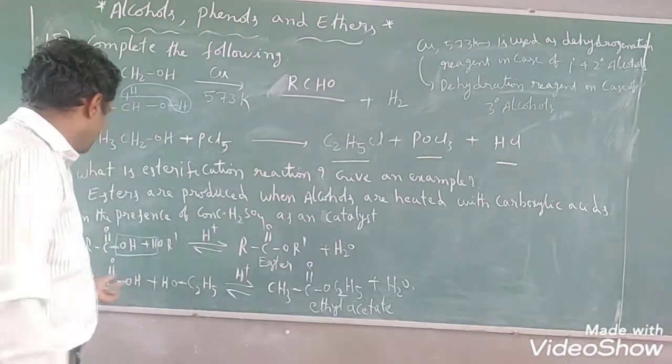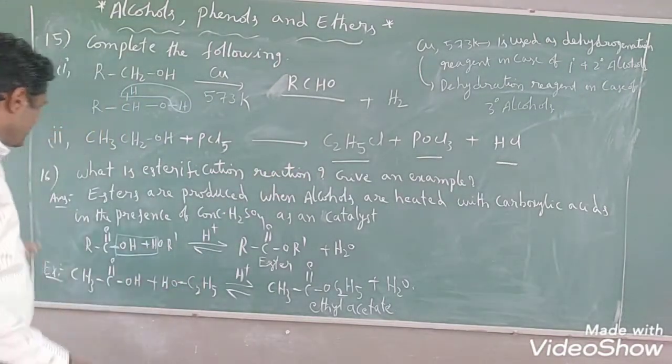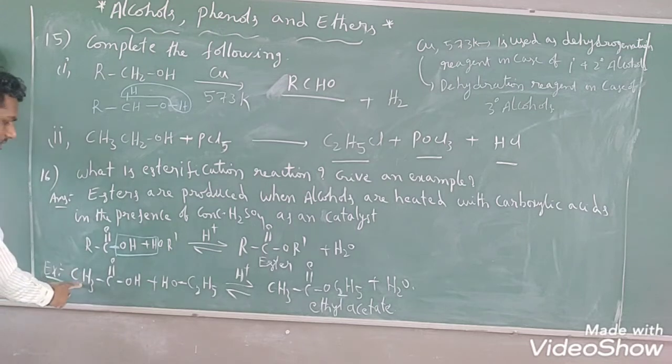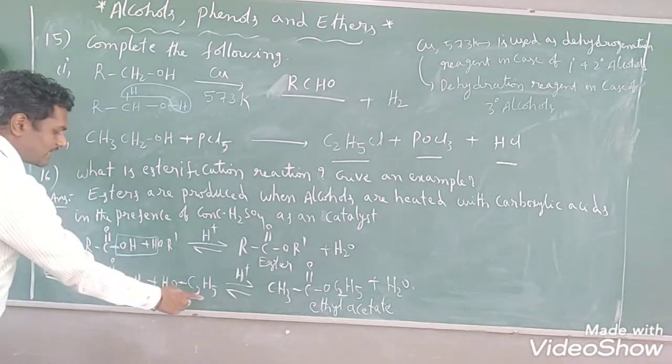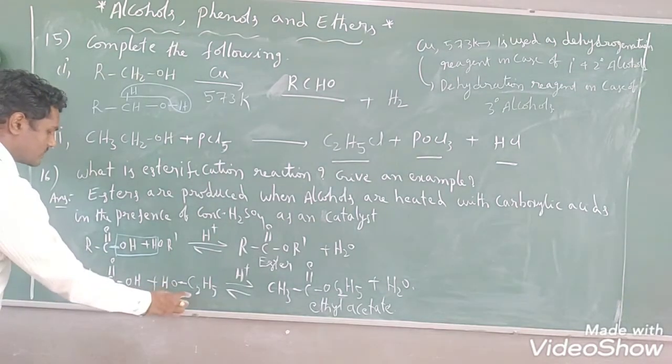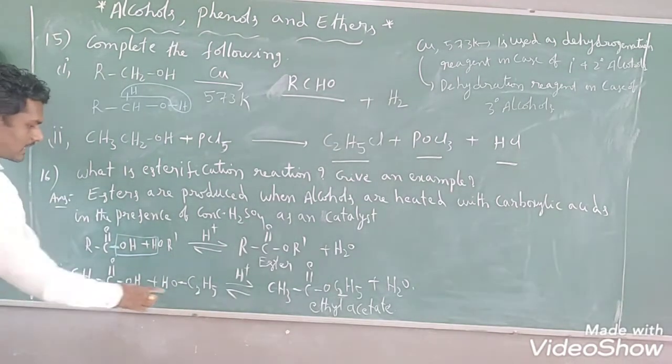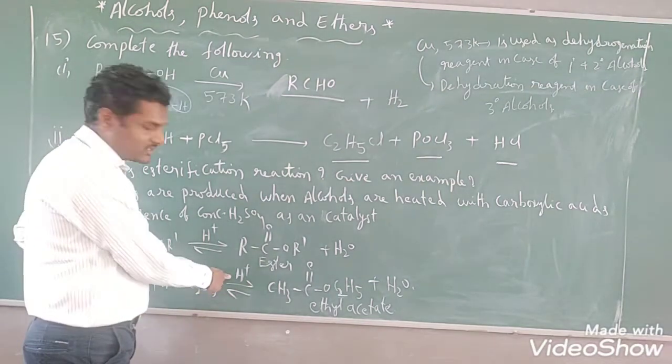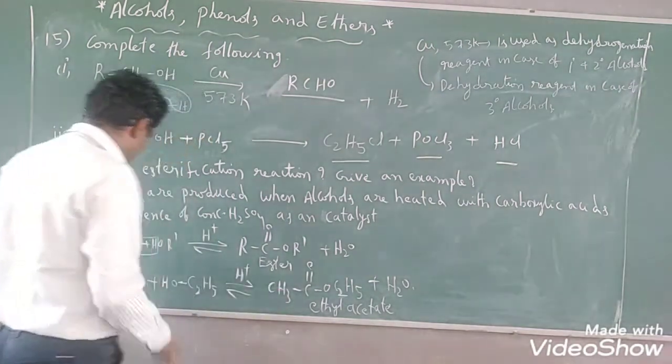One example they have asked, so take an example. Here in place of R I have taken CH3, in place of R dash I have taken C2H5. See that: CH3COOH plus C2H5OH. Ethanol and acetic acid combine in the presence of an acid catalyst and give what?